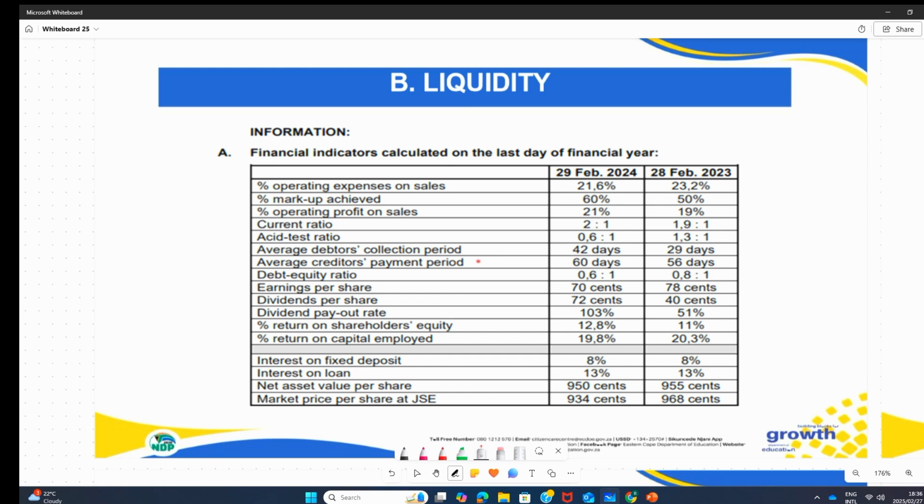Because what the question states is that we need to look at strategies to improve our net working capital. Now, current ratio does not suggest any improvement needed. But when we look at the acid test ratio and the average debtors collection period, you will find that these two financial indicators do show that an improvement is needed in the business.